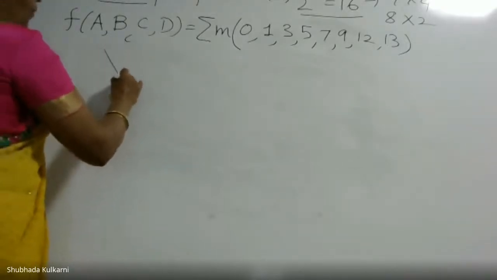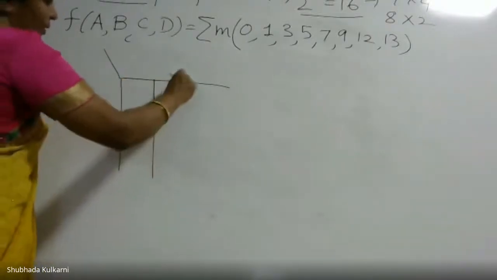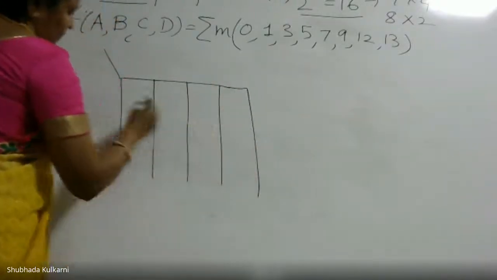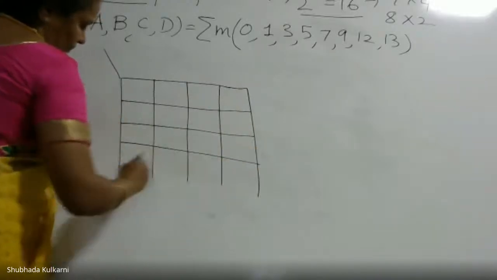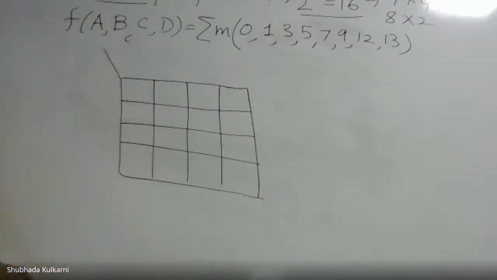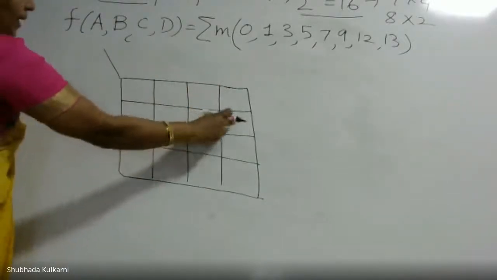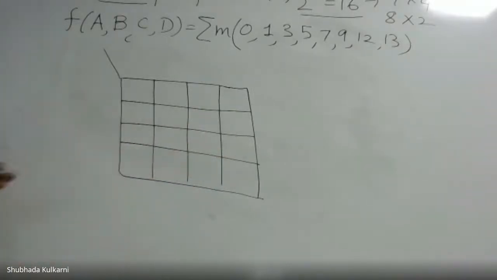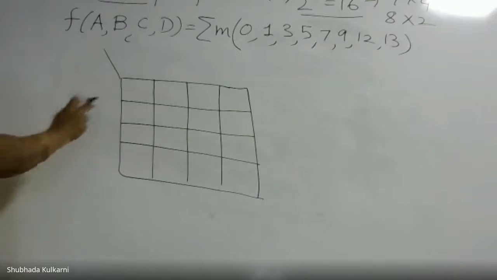Now again, you have 4 columns, 4 rows. I will just draw a bigger size of this K-map to show all the entries. Now you can see the K-map: 1, 2, 3, up to 16, so total 16 square cells in the K-map. Either you can use AB here and CD here, but that depends upon the cell position.